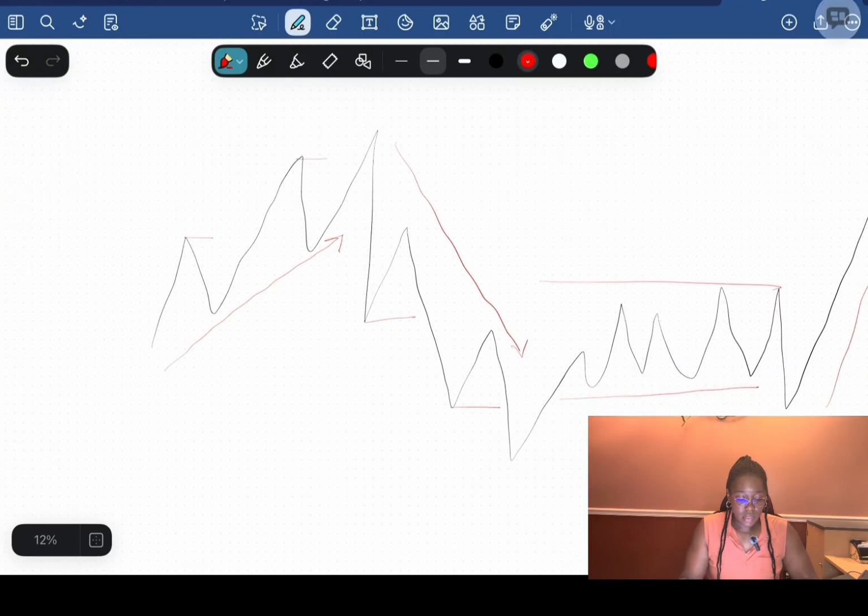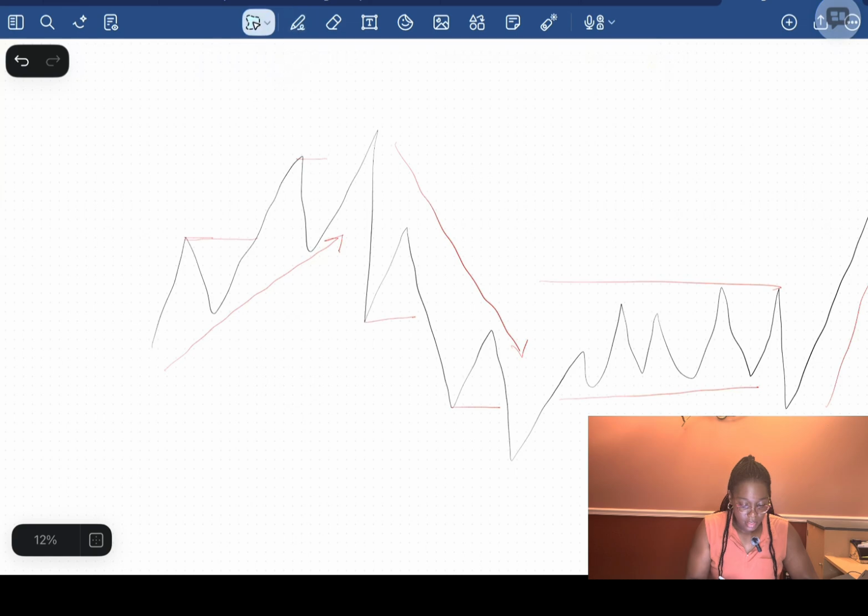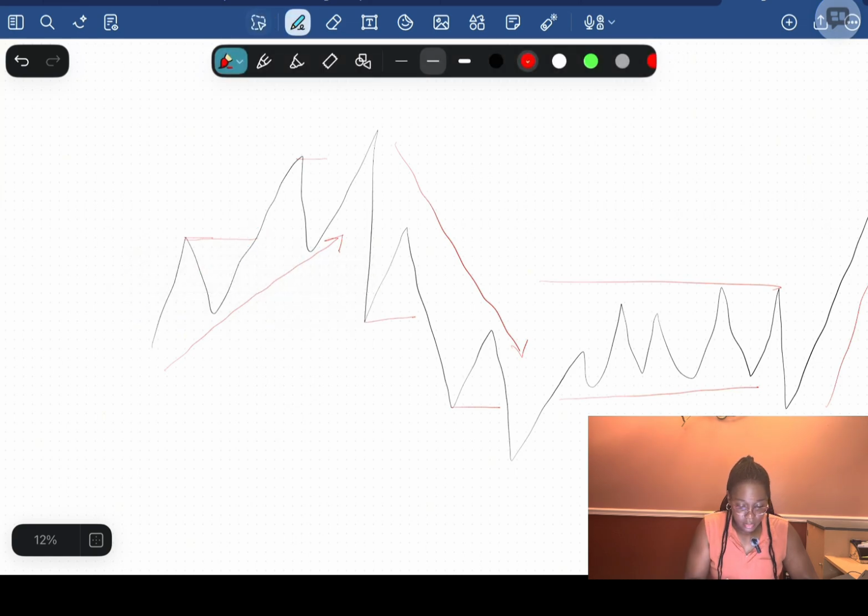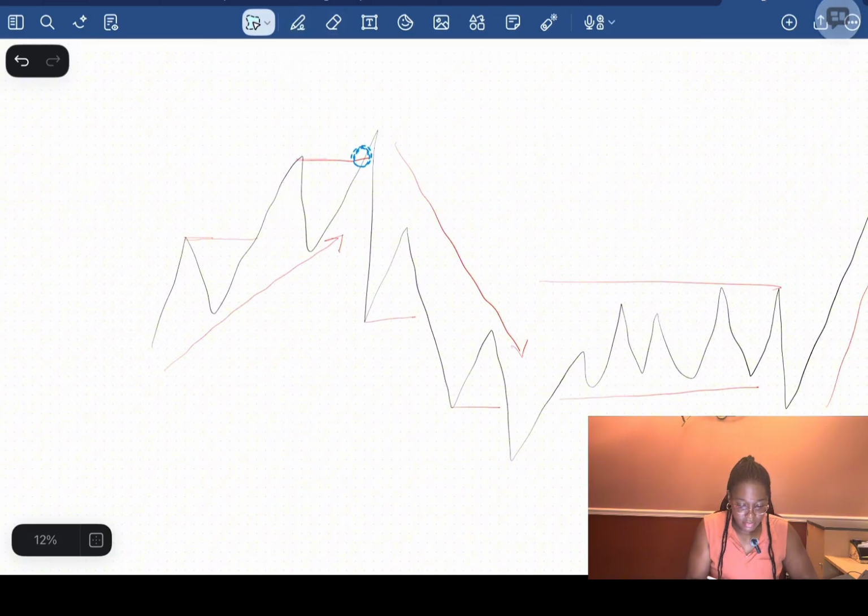And what's noticeable about these levels is that they're not always, but in this case, these peaks are passed at certain levels. So here it breaks at this level, and then up here, right here, it breaks at this level, and then vice versa.